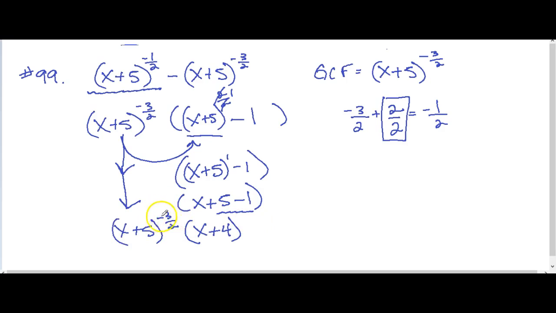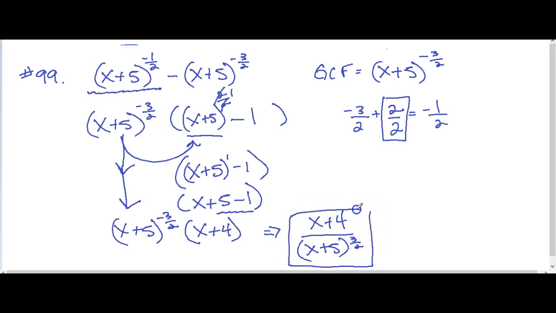And then, because x plus 5 is to the power of negative 3 over 2, I can simplify this to say x plus 4 all over x plus 5 to the power of positive 3 over 2. And that's the simplified answer to number 99.